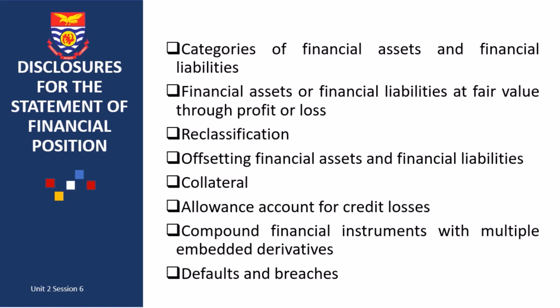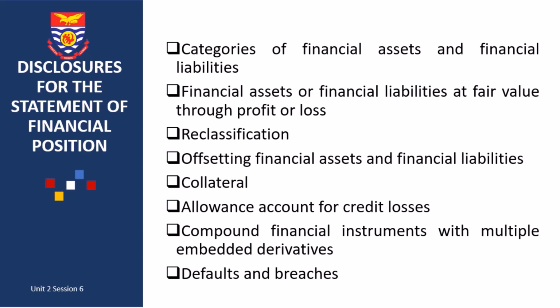Now we have categories of financial assets and financial liabilities. When we take the disclosure requirement for financial position, when you go to the statement of financial position, the things we see there are assets, liabilities, and equity.